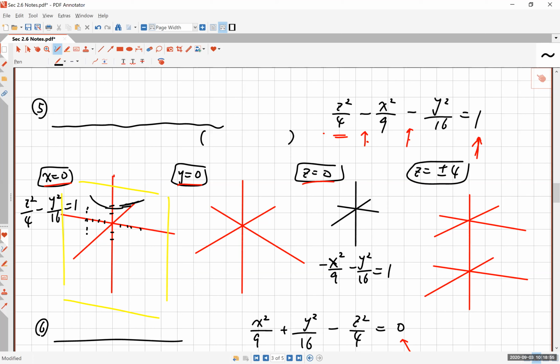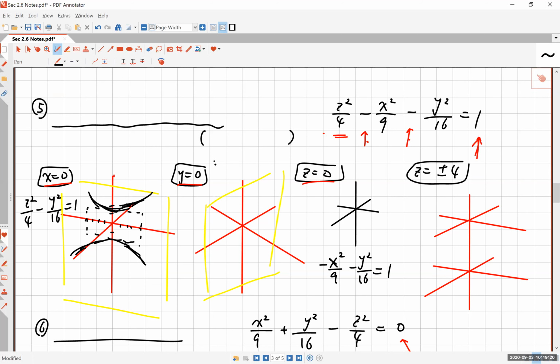So maybe I can do a little rectangle here. It's a 2 by 4, or actually 4 by 8 rectangle, right? And your graph will be a hyperbola, but this time, because z squared comes first, it's up there, right? And then for y equal to 0, the canvas on which you're drawing this trace is that one.